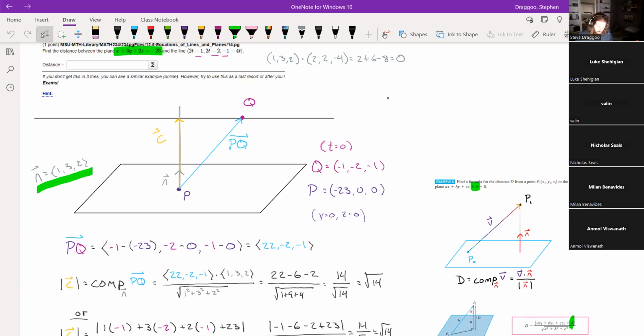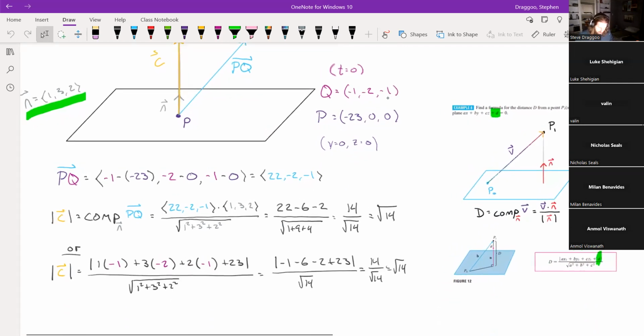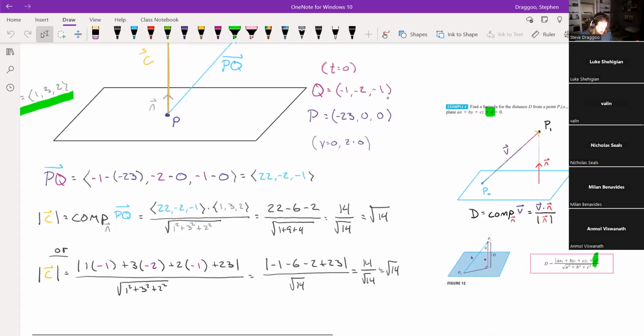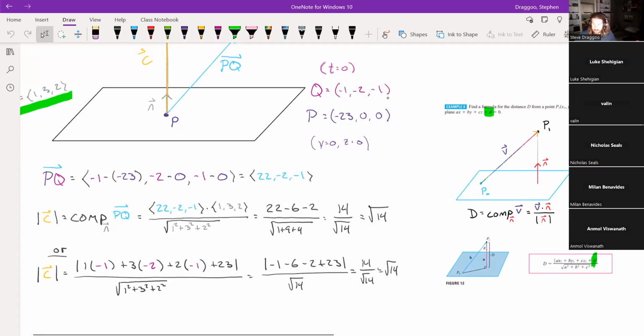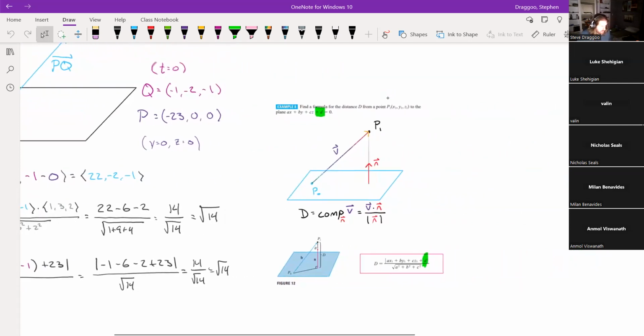Okay. There we go. Now that the stuff has pasted in and even to the right spot, here's the other method we could have used to calculate the same thing. This time, using a slightly different formula to get the distance between a point and a plane.